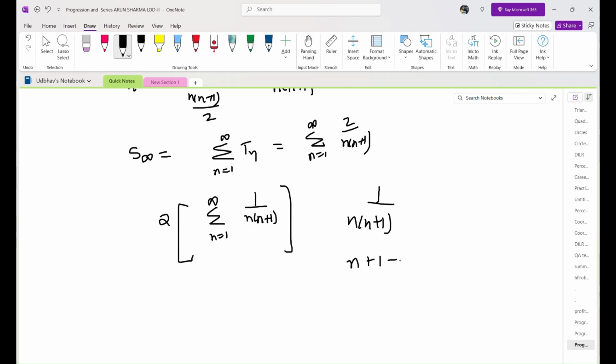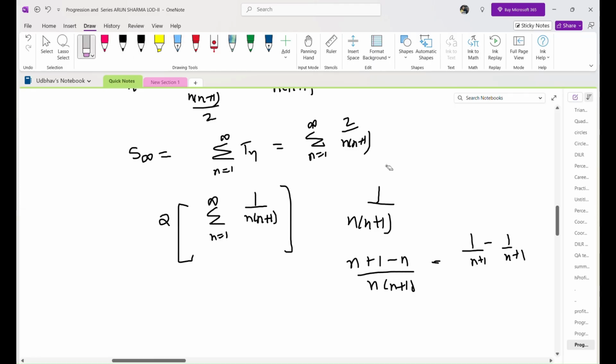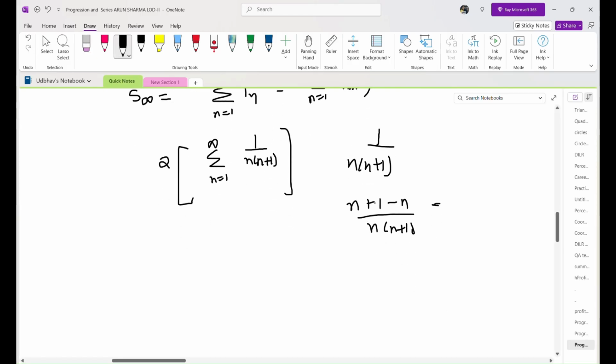You can just write (n+1) minus n upon n(n+1), and you can separate it as 1 upon n minus 1 upon n+1.